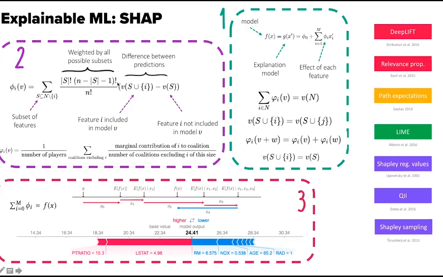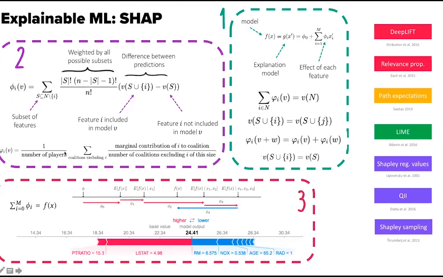And you can calculate the difference between those predictions. But you also need to account for the sets of the other features, like other cooperations between features. That's why you should calculate it many times, weighted by all possible subsets of the features. And at the end, you will get the number which, in that particular cooperation, is the amount of effect that this feature should get.